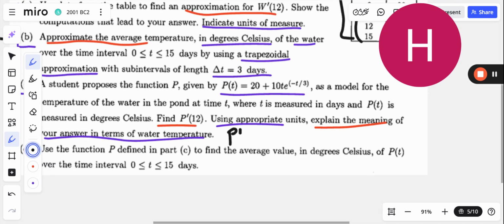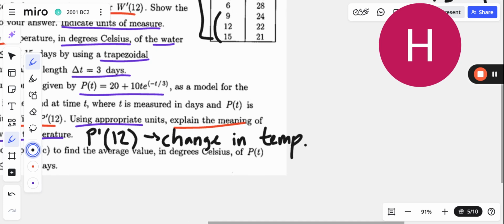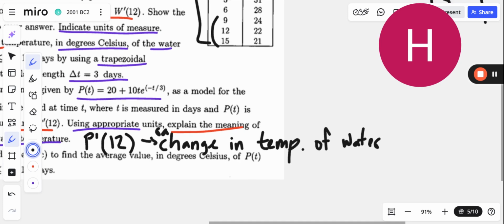P prime of 12 would simply, if P truly does represent the temperature of the water, then P prime represents the change in temperature of the water. It's a change in P, which apparently stands for the temperature of the water. I guess the rate of change, like how fast it's changing.